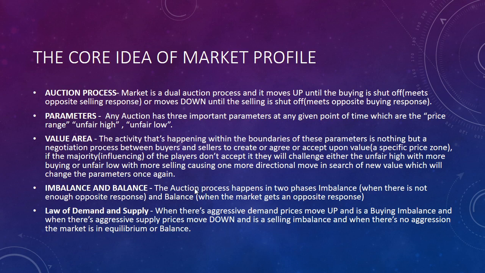So you can see imbalance, balance, and imbalance. This is a cycle of the market. The auction process happens in this fashion. The third imbalance could be in the same direction or in another direction. A balance in between doesn't mean the imbalance is going to take the opposite direction. It can even extend the previous imbalance after balancing for some time. That is the flow of the market.